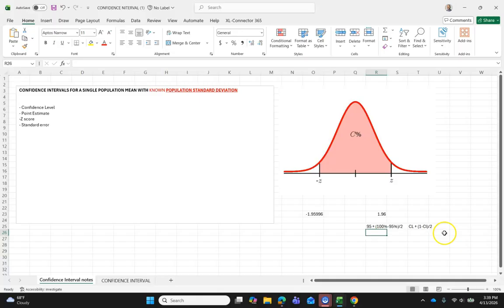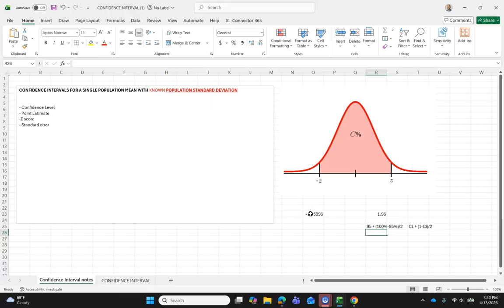So that's how this formula will read. Remember, we take 1 minus confidence level, we get 100% minus 95%, we get 5%, and it has to be shared between these two areas. And so the left area will be (1 minus confidence level) divided by 2, and in this case, it will be 2.5%. That's what we found here.